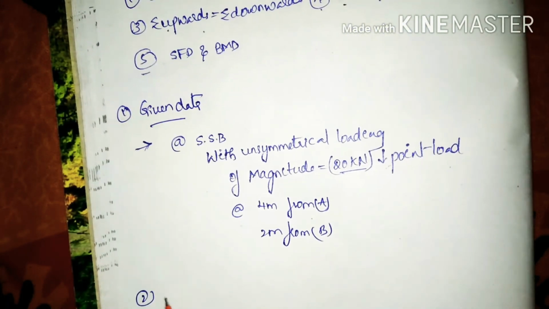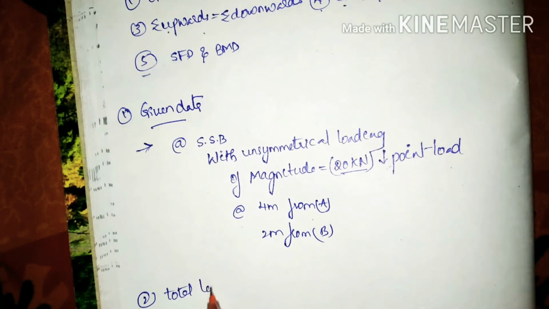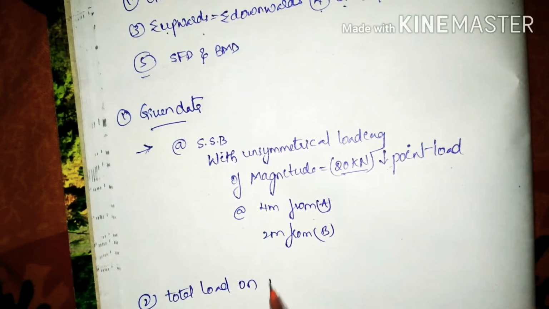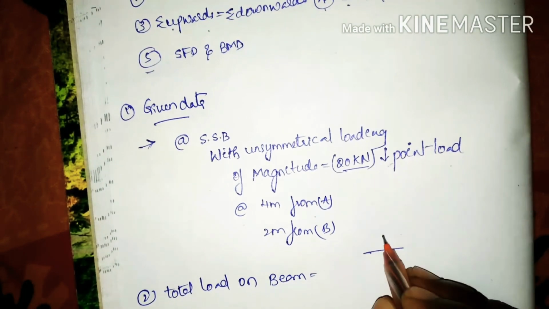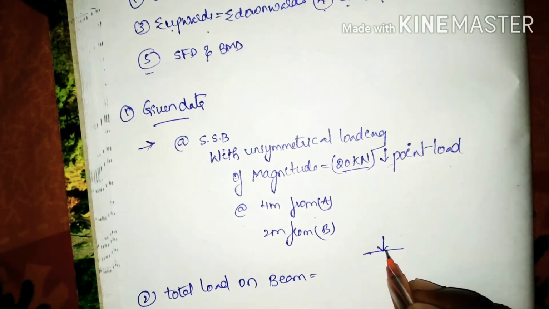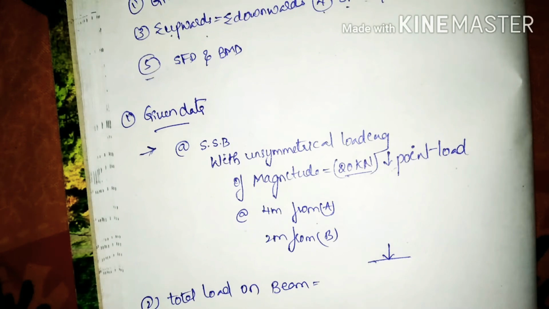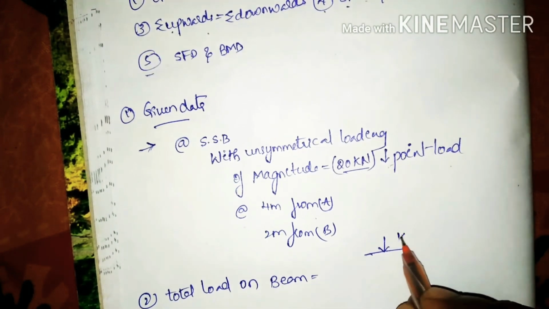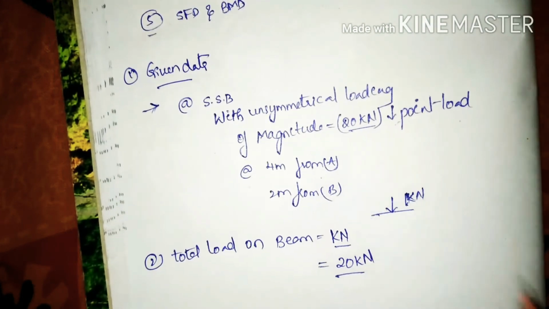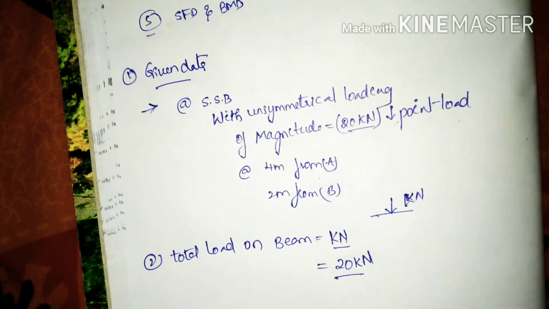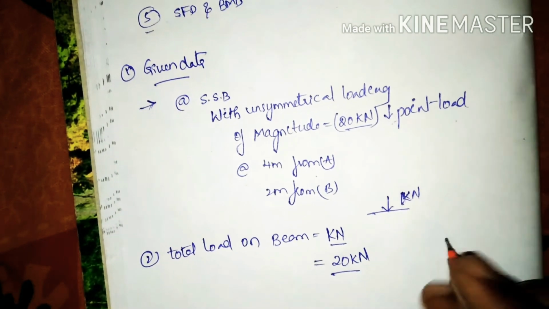Next, number 2, total load on beam. We have only one load, that is a point load, and the unit is kilonewtons, so the total load on beam is equal to 20 kilonewtons. Next, number 3, equating upwards to downwards.